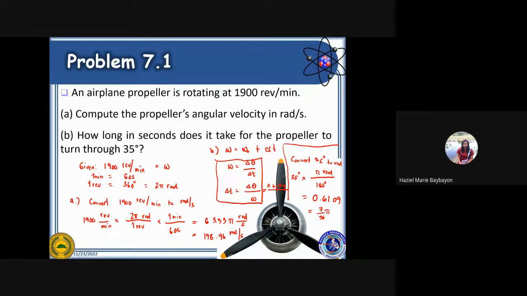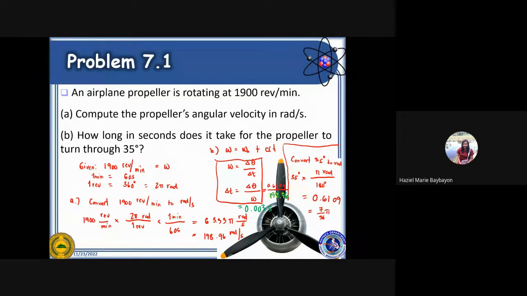so ganito omega, class. Omega nga atong nakuha, this one. 198.96. Di ba klaro? Okay, so it's 198.96. Okay, so pila man ni siya? 0.003, ma'am. 0.003 seconds.